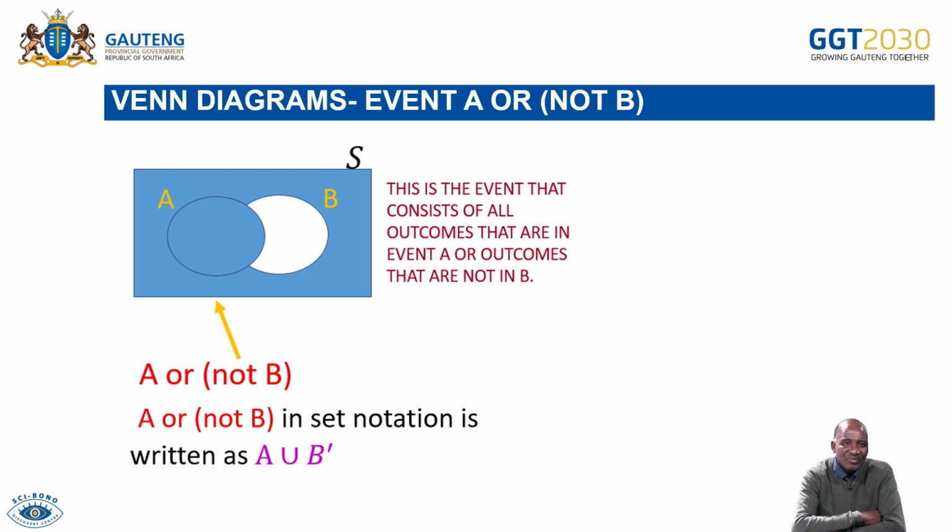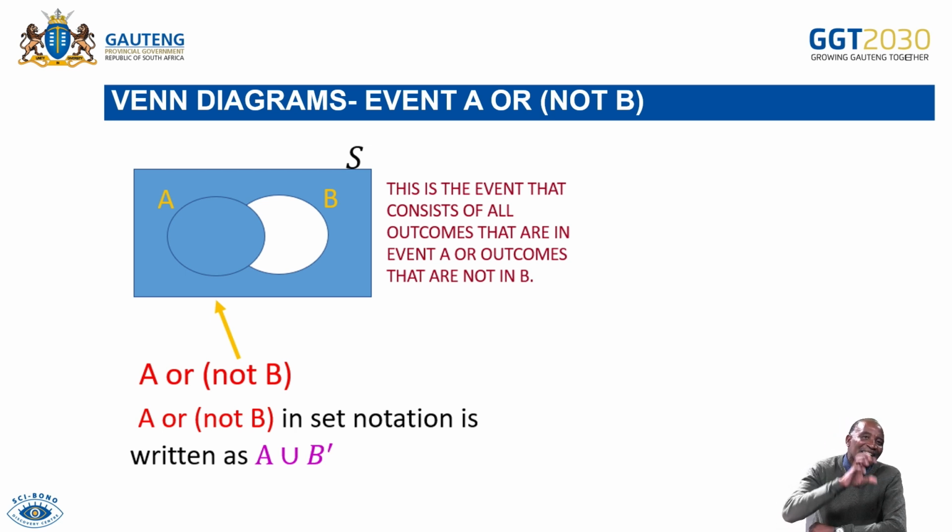Then this one, you can see, is A or not B. You are combining all the elements that are just not in B. So it's going to be the whole of A plus all other elements that are in our universal set S. This is the event that consists of all outcomes that are in event A or outcomes that are not in B at all. So that is read as A or not in B.